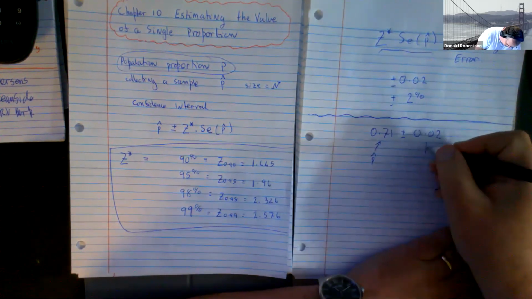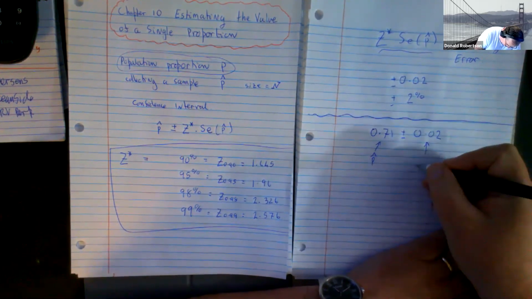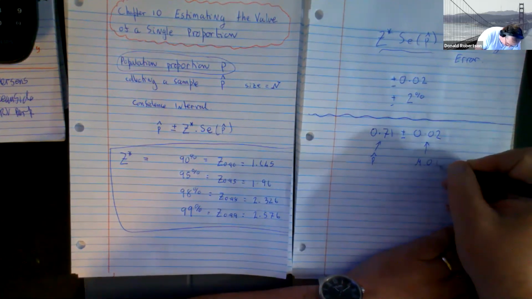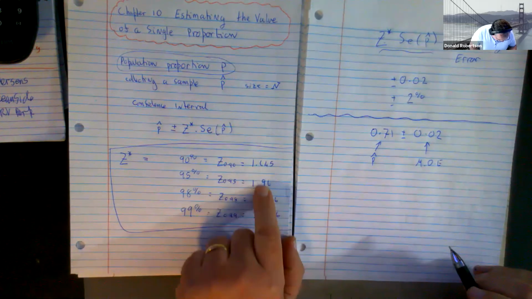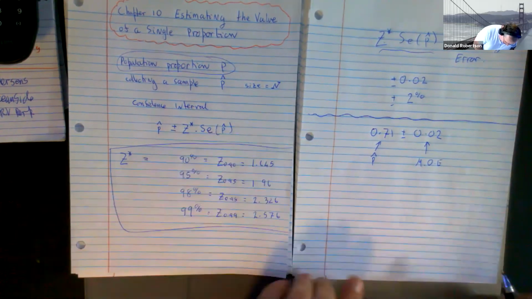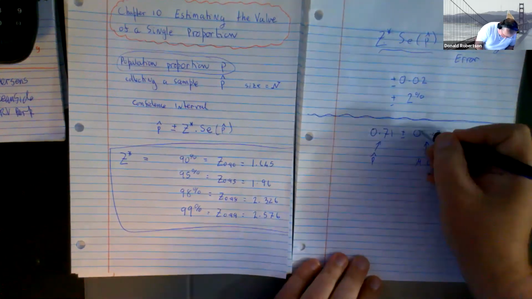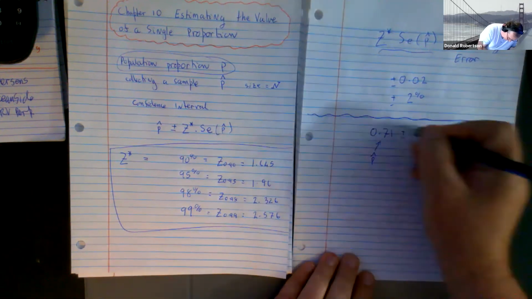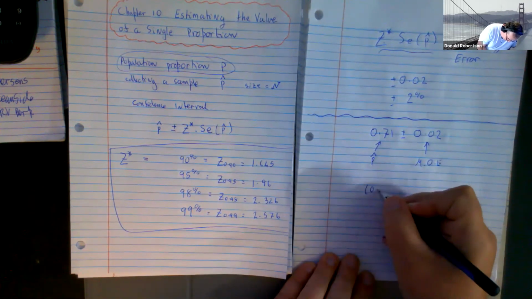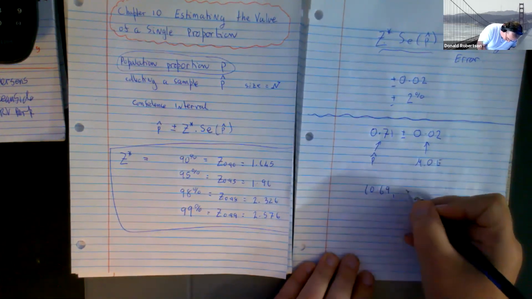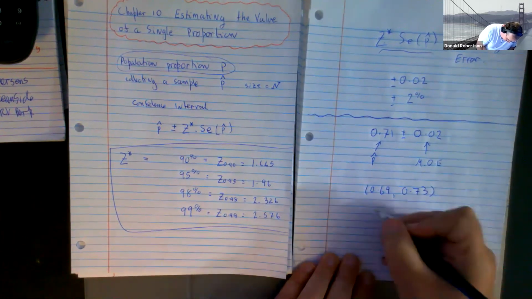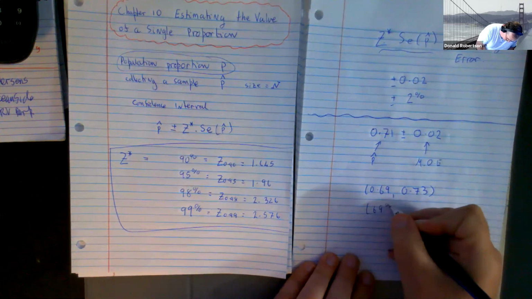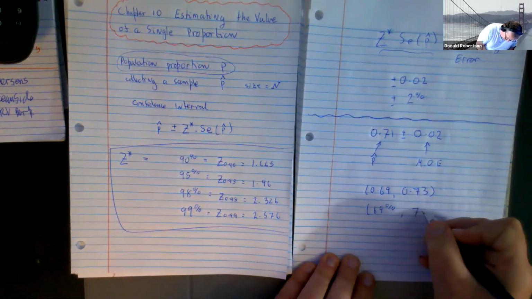And this fella here, the entire thing, is the margin of error. And you get that by multiplying this number here, or one of these numbers, by whatever the standard error is. Now in that world here, you would convert it into a confidence interval, which looks like that. Or you could use percentages, which I prefer.